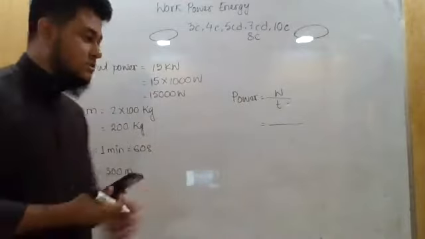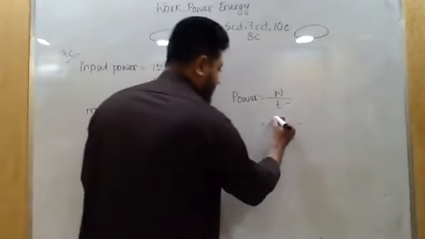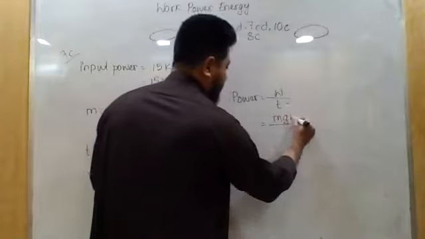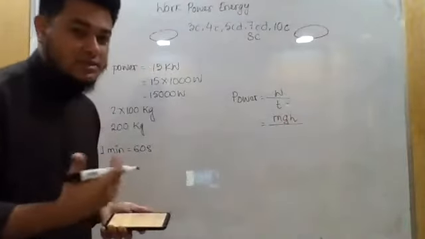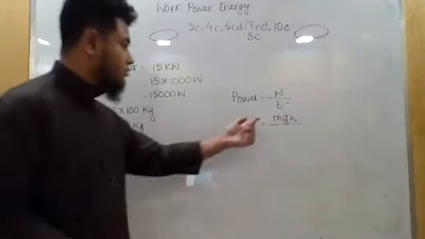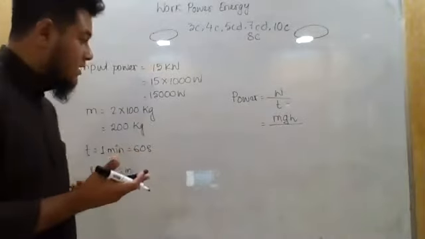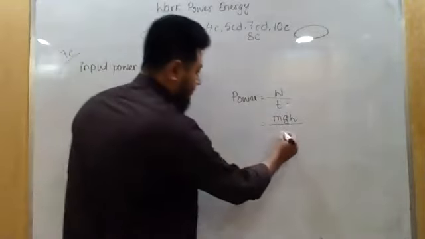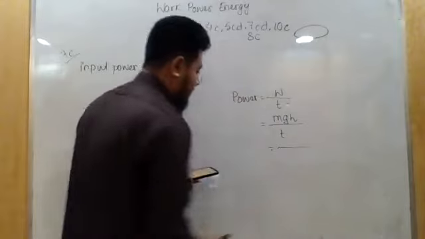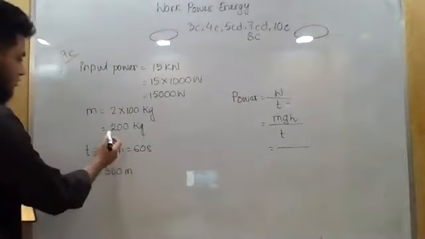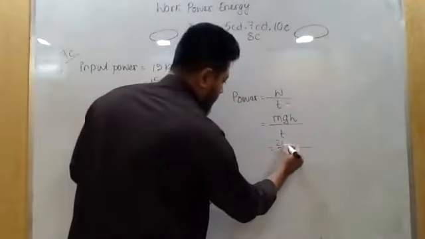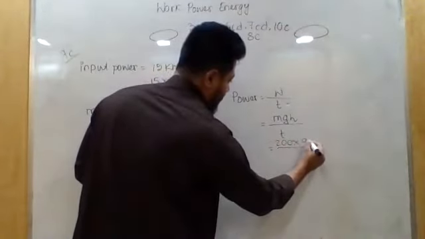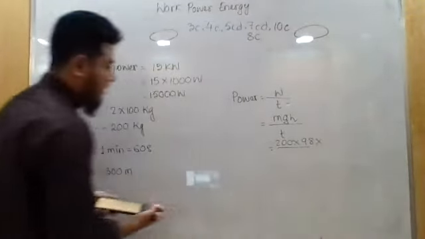So what is the equation to calculate potential energy? Here you will notice that the force and displacement are not given. Okay, so we need to use this equation, divided by t. Now, what is the mass of the object that I'm lifting? The mass is 200 kg. So 200 into g is 9.8, and what is the height?